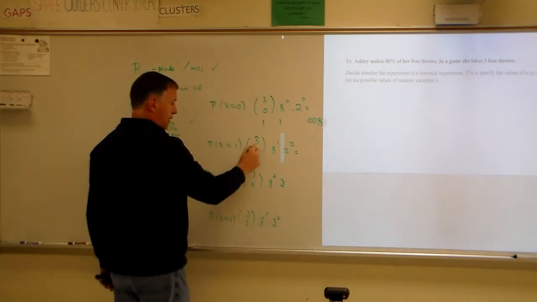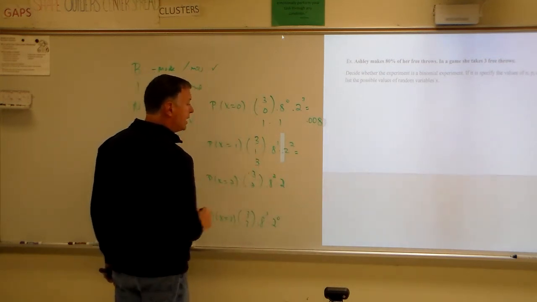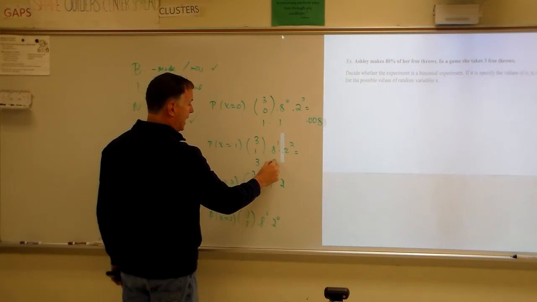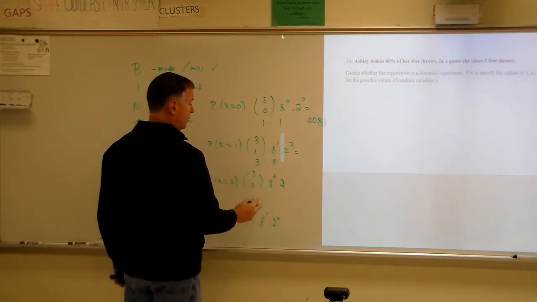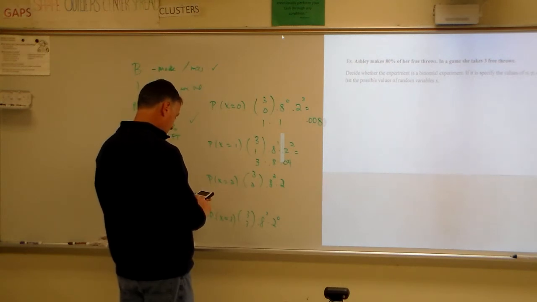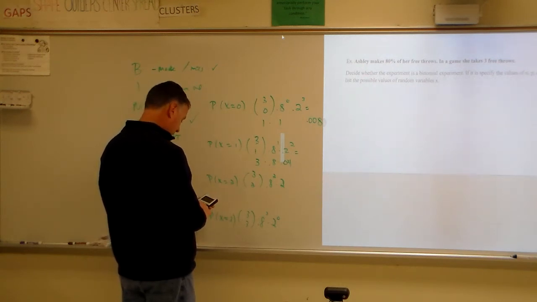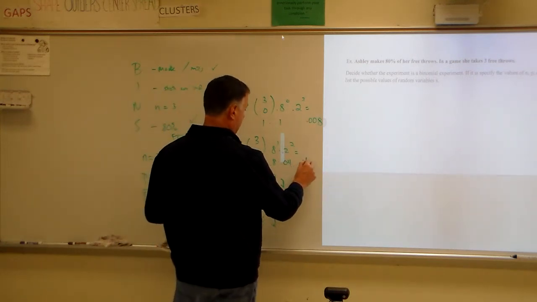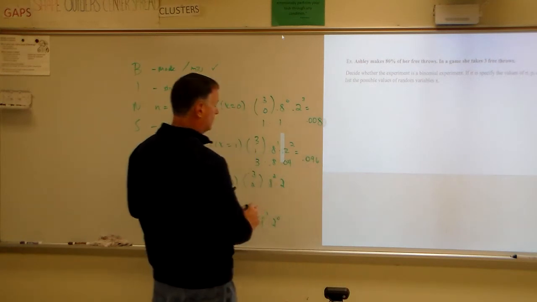This one, 3 over 1 is 3 times 0.8 times 0.04. So 3 times 0.8 times 0.04, 0.096. Okay.